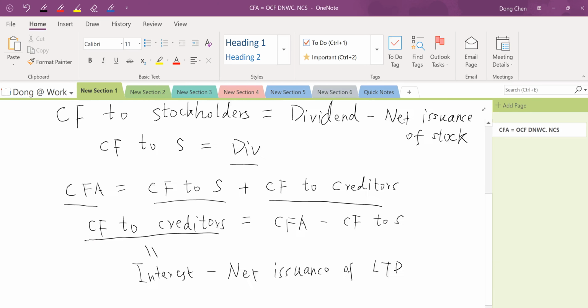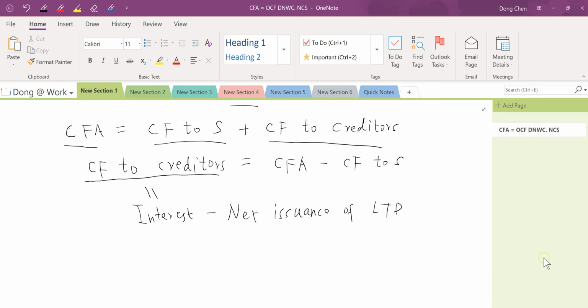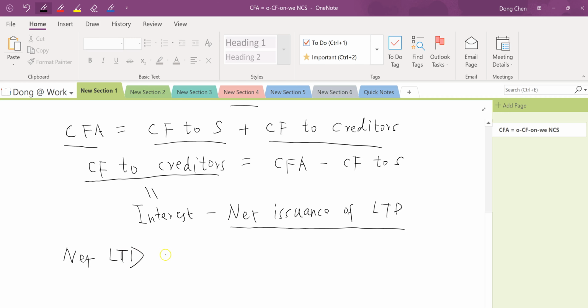Now the last part of the job is to calculate the net issuance of long-term debt. Based on this equation, cash flow to creditors is simply interest minus net issuance of long-term debt. I'll use net long-term debt for short.